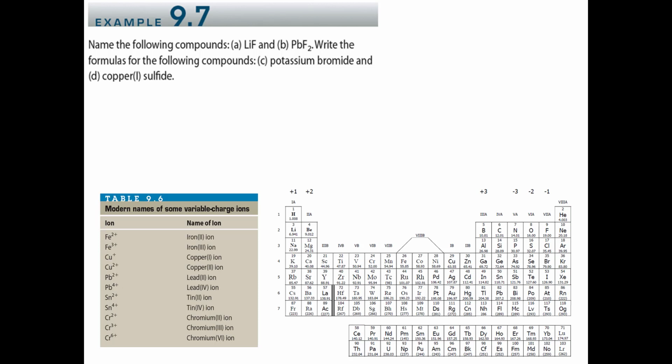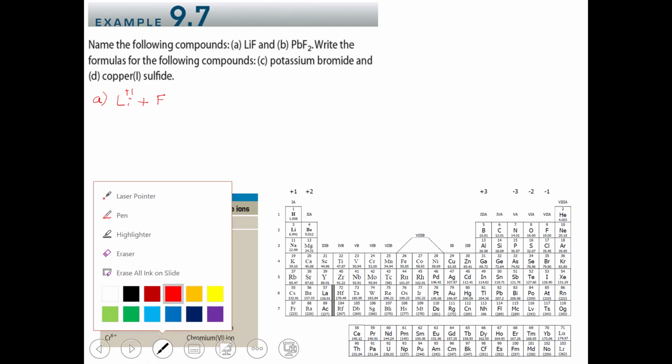The first one, when lithium reacts with fluorine, let's see what is the name. Let's write here the number 8. We have lithium plus fluorine. Let's check what is the charge for lithium. Lithium is in the first group, so it's +1. Fluorine is in the 7th group and is -1.